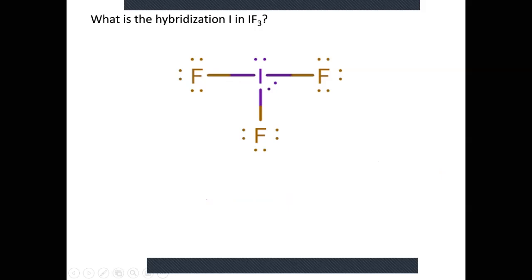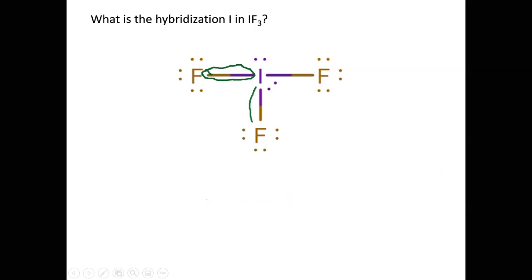Now we have IF3. Let's count the number of electron pairs. We have 1, 2, 3, 4, 5.